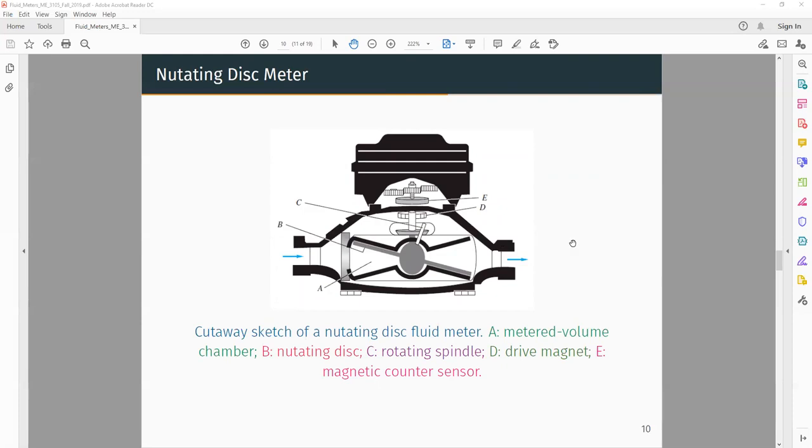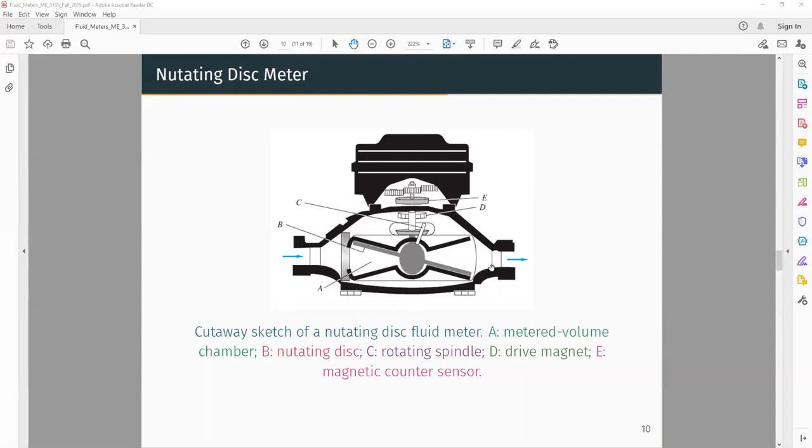And as the fluid is passing through, a fixed amount of fluid is passing, and the disc is actually rotating on its axis. So in one revolution, if we know how much fluid is moving, and then if we observe the revolutions, we can get the amount of fluid that passes by from this cavity at a time.